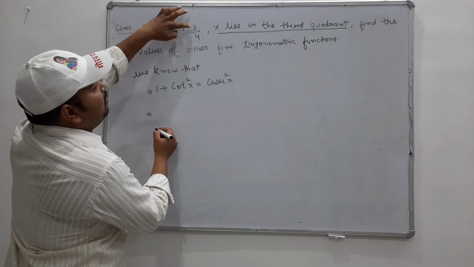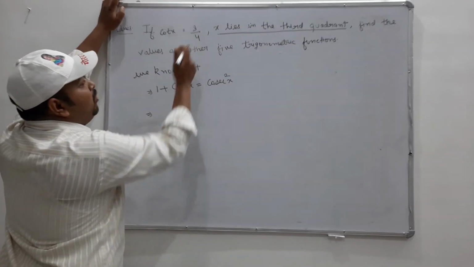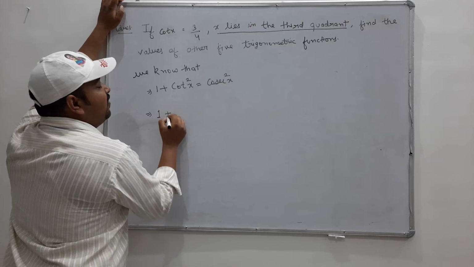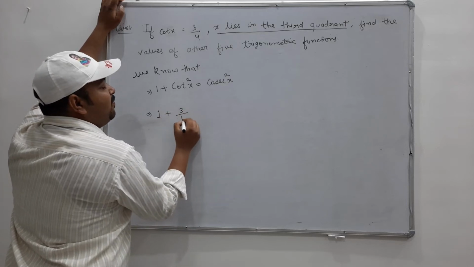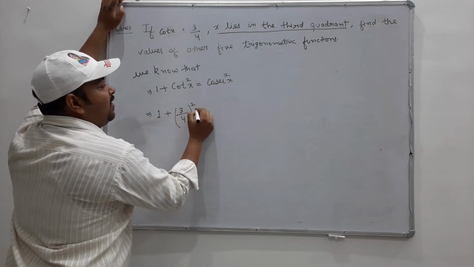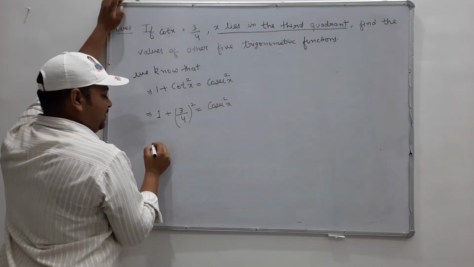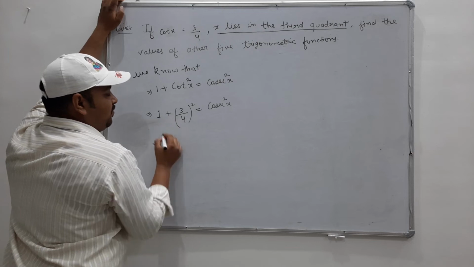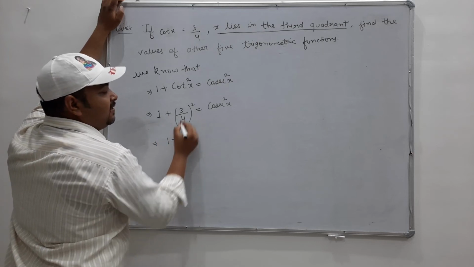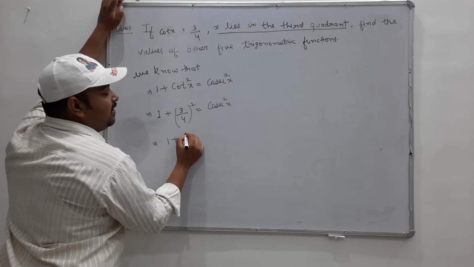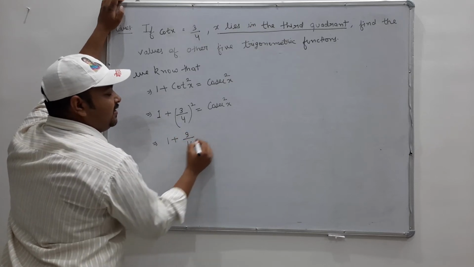Cot x is equal to 3 by 4. By putting the value of cot x in this equation, we will get 1 plus (3 by 4) square is equal to cosec square x. Open the square, we will get 9 upon 16.